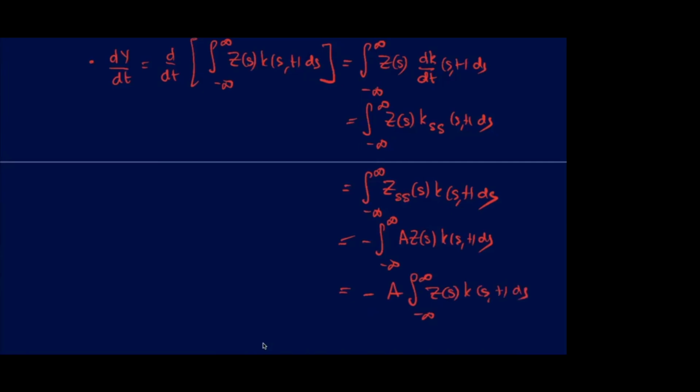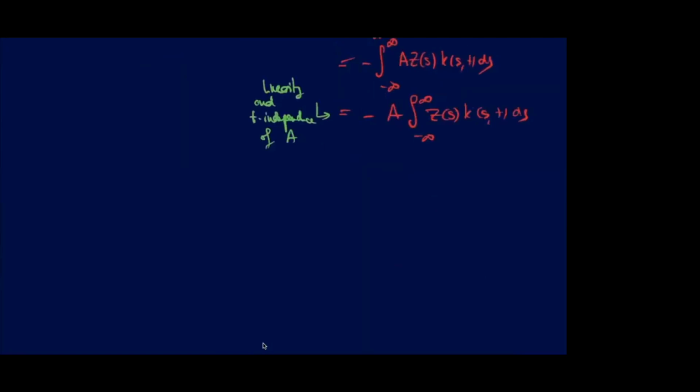So here at this key point of the proof, I'm using the linearity and t independence of A. And you see that this is precisely minus A times this integral, but this integral is by definition y of t.